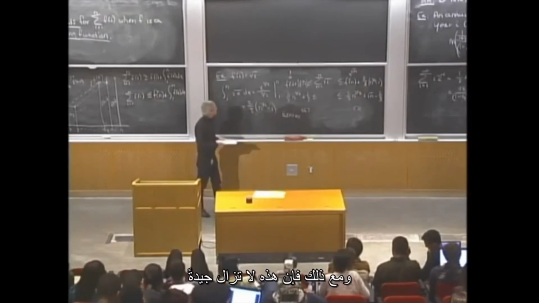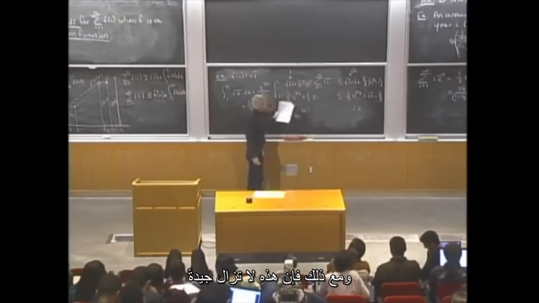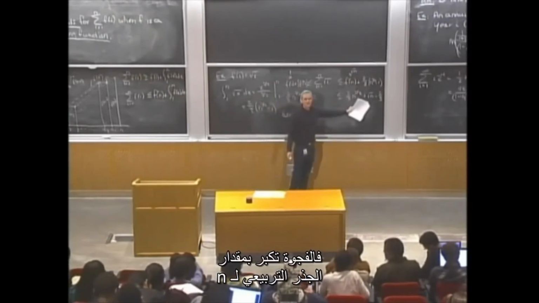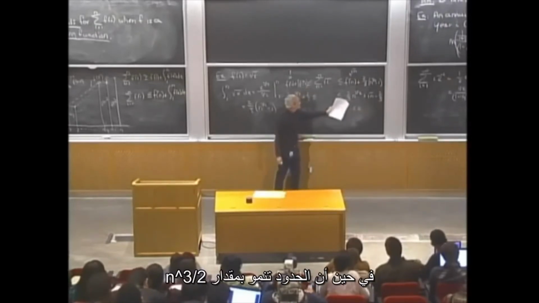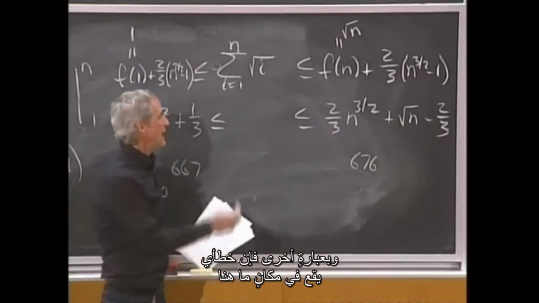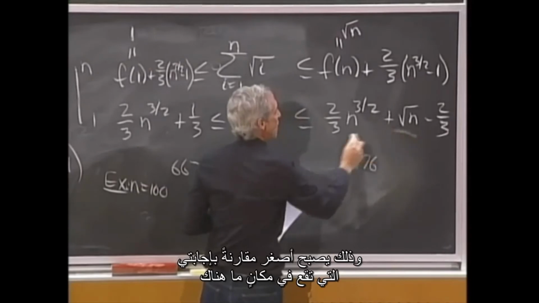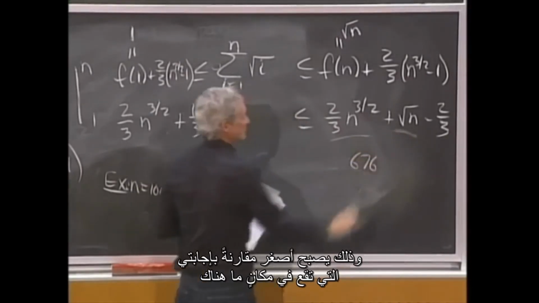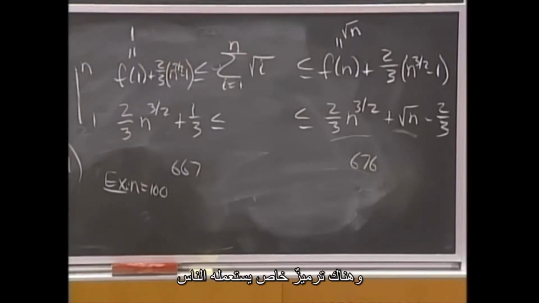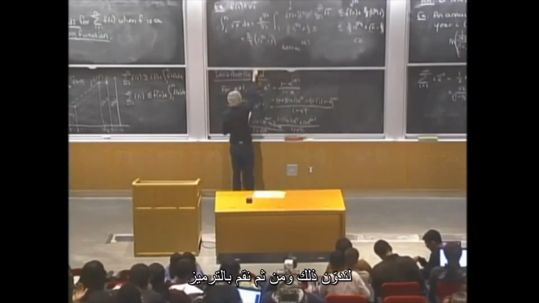But somehow, though, this is still pretty good because the gap grows, but the gap only grows as square root of n, where the bounds are growing as n to the 3 halves. In other words, my error is somewhere around here, and that gets smaller compared to my answer, which is somewhere around there. All right, and there's a special notation that people use. In fact, let's write that down and then do the notation.